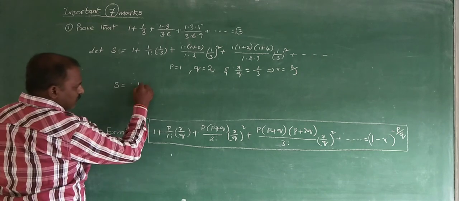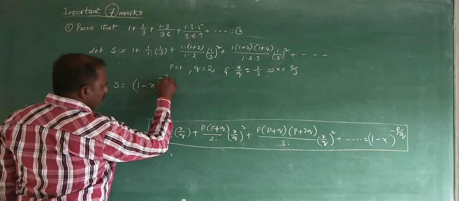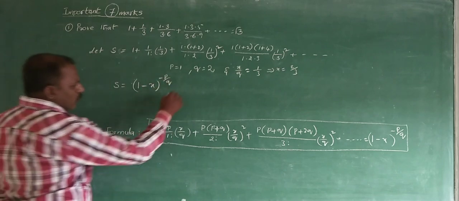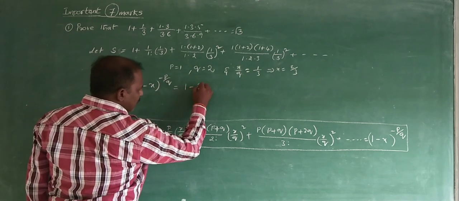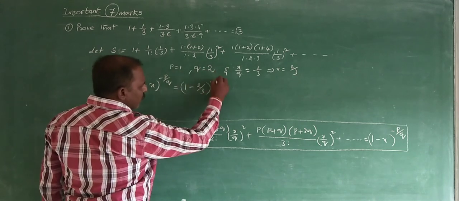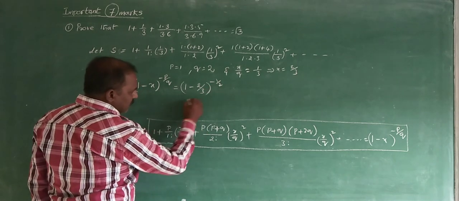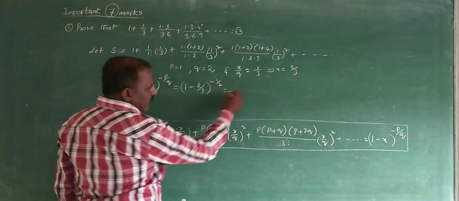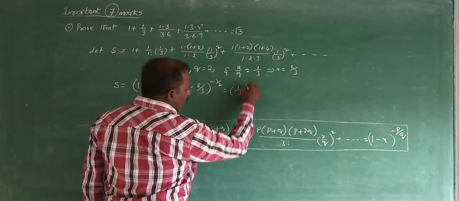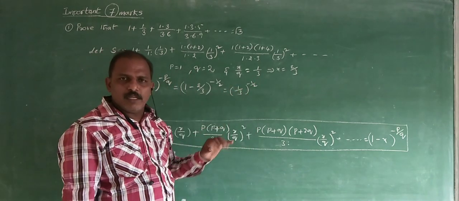What is the formula for this? 1 minus x whole to the power of minus p by q. So this can be written as 1 minus 2 by 3 whole to the power of minus p by q, which is minus 1 by 2. So 1 minus 2 by 3 is 1 by 3, whole to the power of minus 1 by 2.